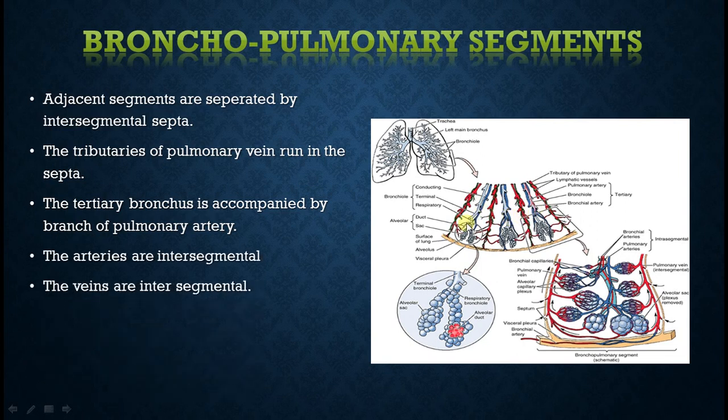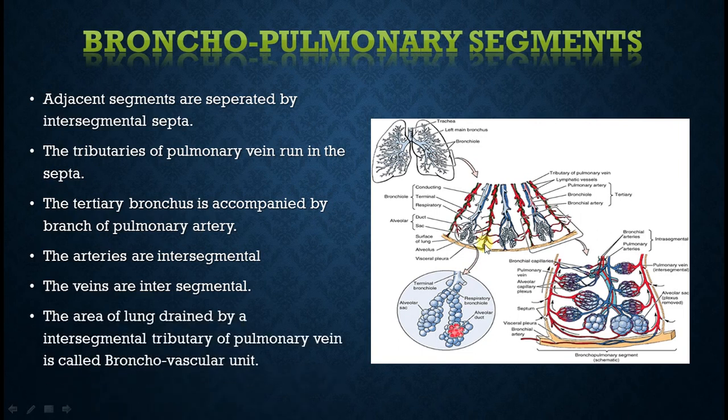The area of lung drained by a single intersegmental tributary of the pulmonary vein is called the bronchovascular unit. Okay, so now you know the difference between the bronchopulmonary segment and the bronchovascular unit.